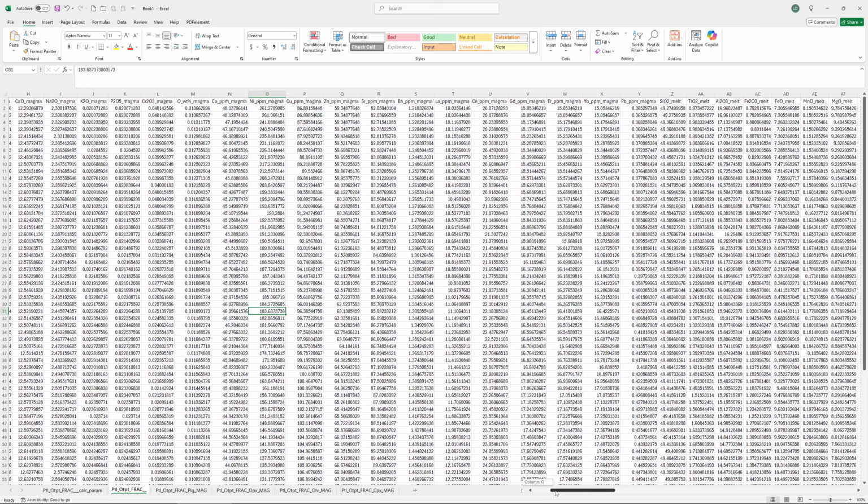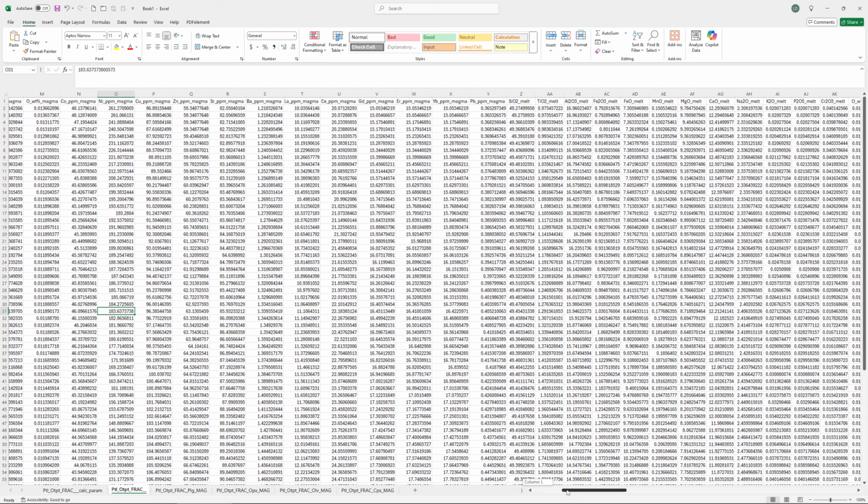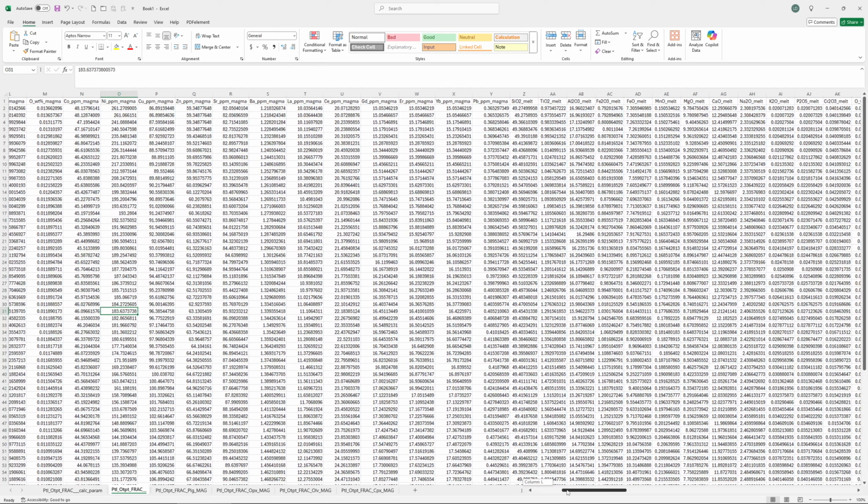So after the composition of the magma, we have the composition of the melt reported, and for both magma and melt, the column with oxygen now reports the amount of oxygen which is required to balance all of these elements in the melt.